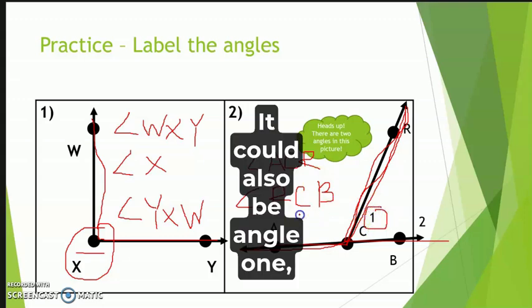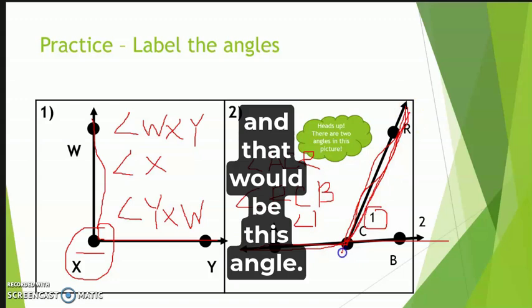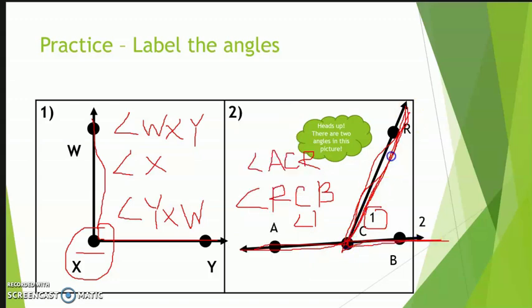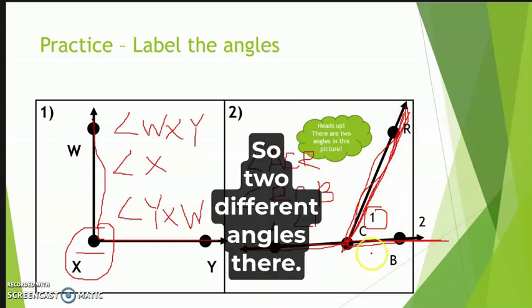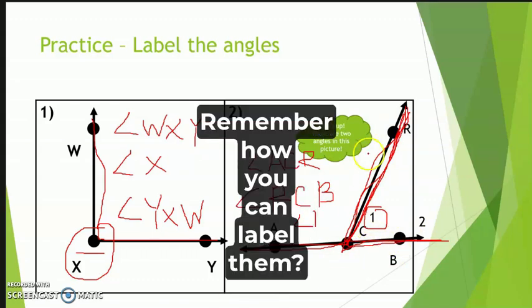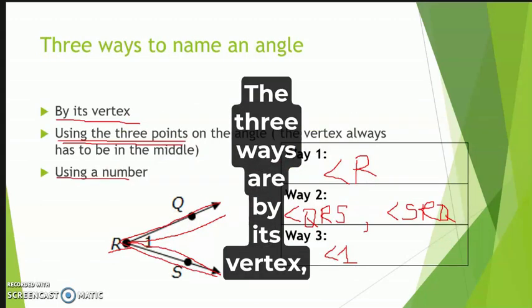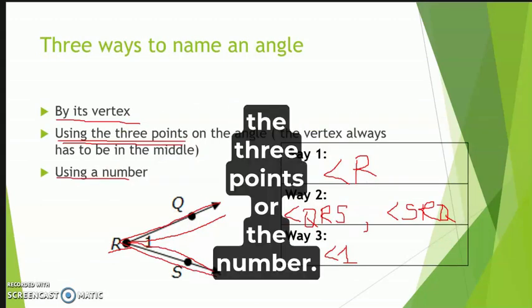It could also be angle 1. Okay, and that would be this angle. So 2 different angles there. Remember how you can label them. The 3 ways are by its vertex, the 3 points, or the number.